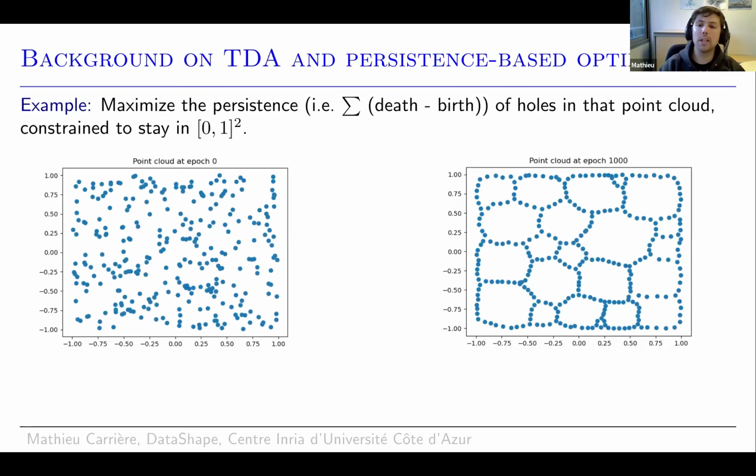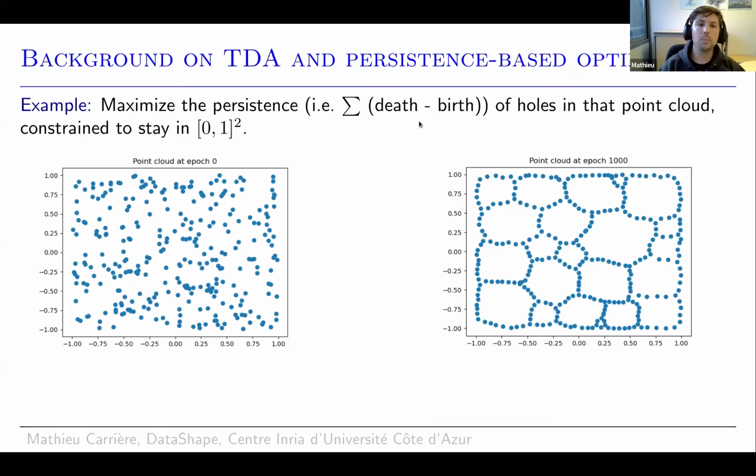All right, this is just a small example of point cloud optimization, right? Here, for instance, this is a toy example where I started with point clouds in random position in the unit square. And then my objective function was the total persistence of the Rips persistence diagram.